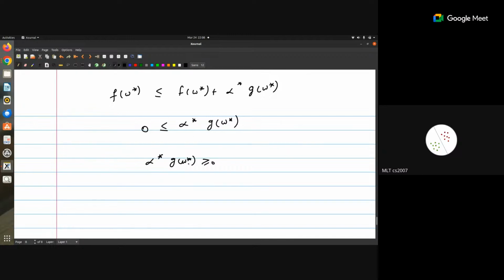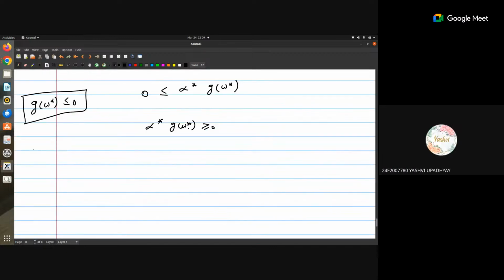But we already know that g of w star, this was a constant, initial constraint. If I know this part is correct, then what is the condition now? Alpha has to be 0, because it cannot be less than 0, so only 0 is left. What are the conditions on alpha star? It should be greater than or equal to 0.